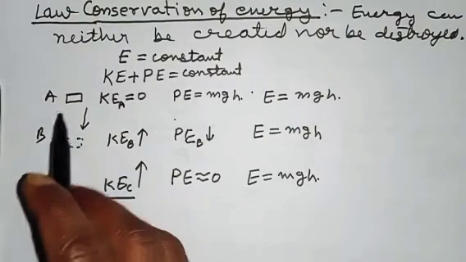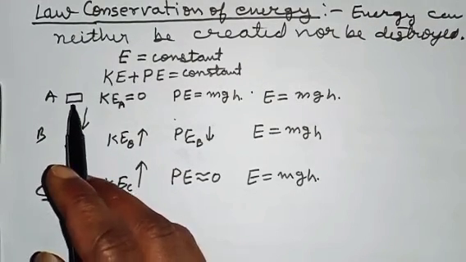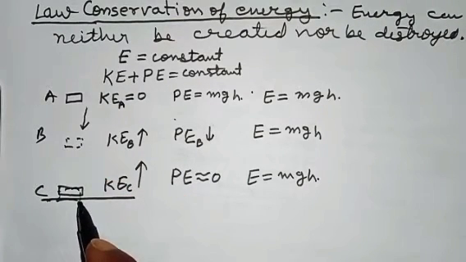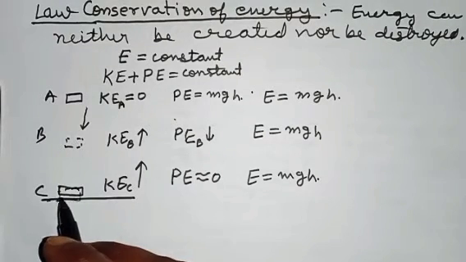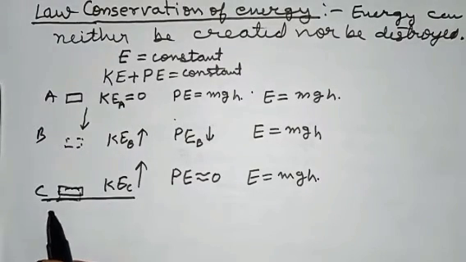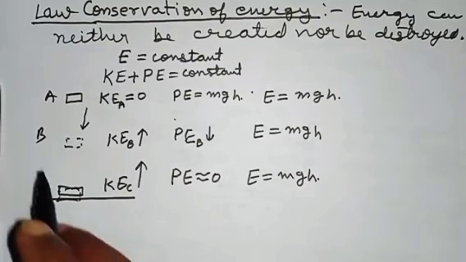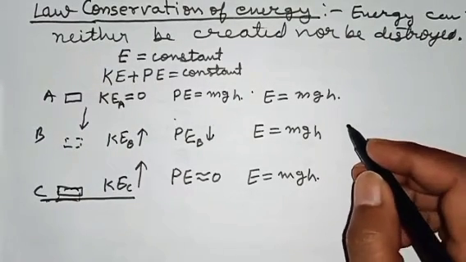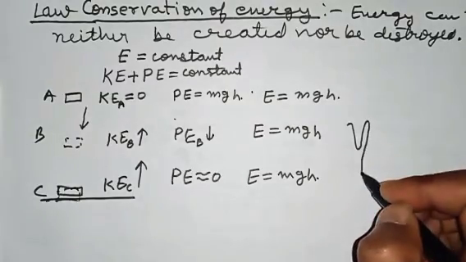Remember this. So initially, if it was totally potential energy, then very near to the ground, it will be totally converted into kinetic energy. In the same way, if we throw something upward, initially there will be total kinetic energy, and at the top it will become potential energy. So they are interconvertible. In the same way, there are other systems like this catapult, gulal in Hindi.